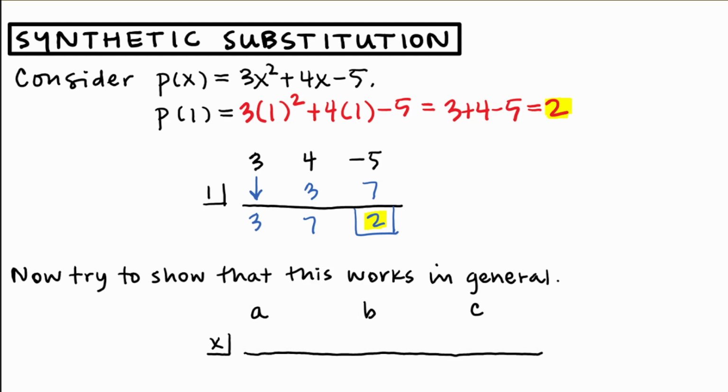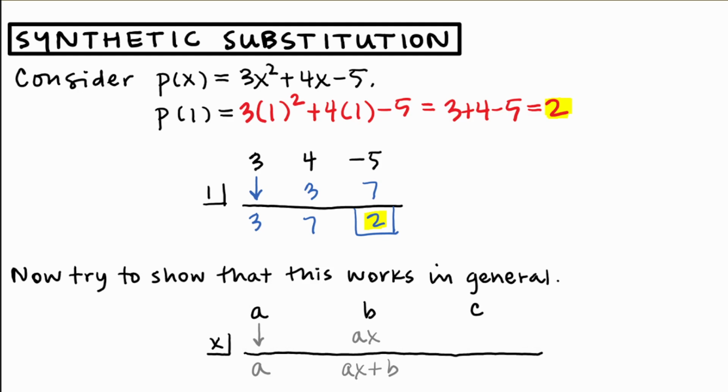So for a, b, and c, if f of x equals ax squared plus bx plus c, I'm trying to show you that synthetic substitution will give you that. So I drop this down. I get a, I multiply by x, I get ax, add these things together. Since b does not have an x attached to it, it's not a like term, so I'll have ax plus b.